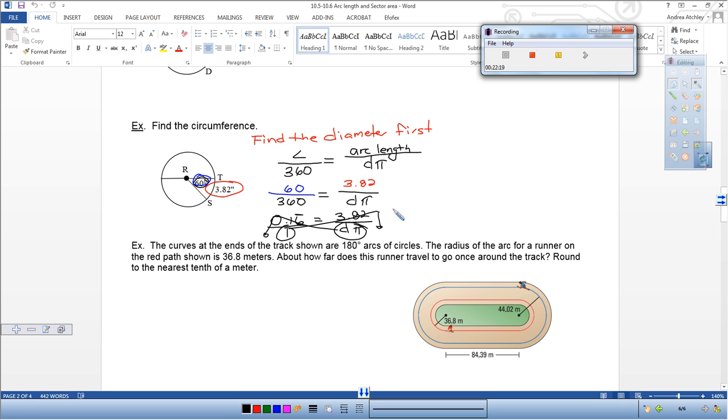And I have 0.52 times the diameter equals 3.82. This is a D, sorry.